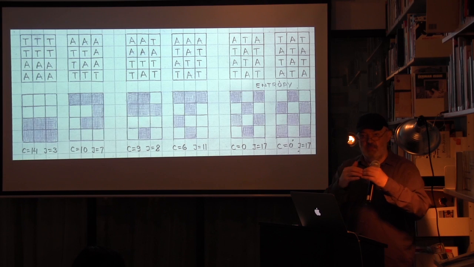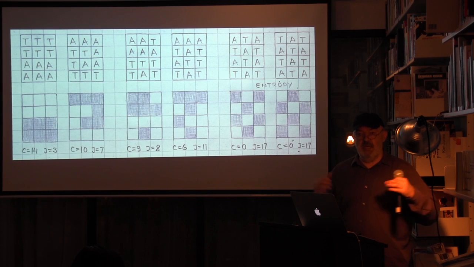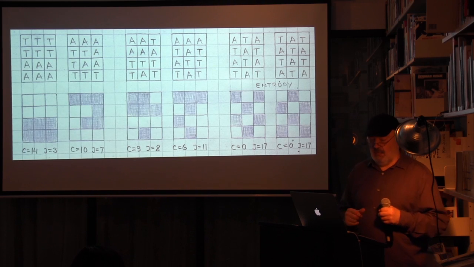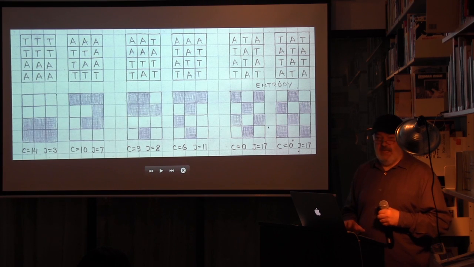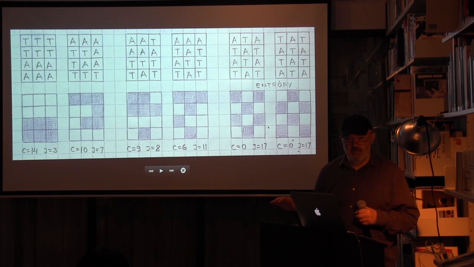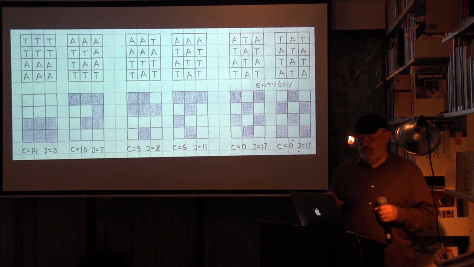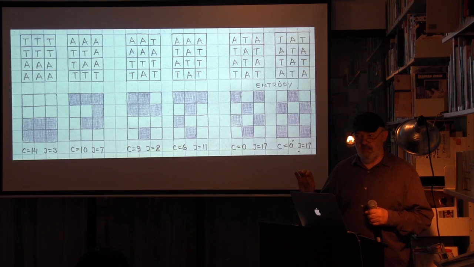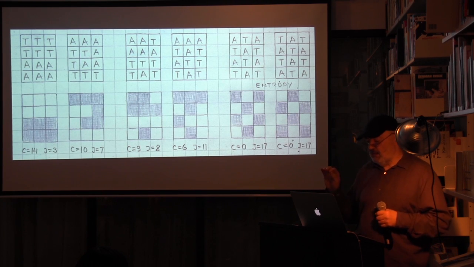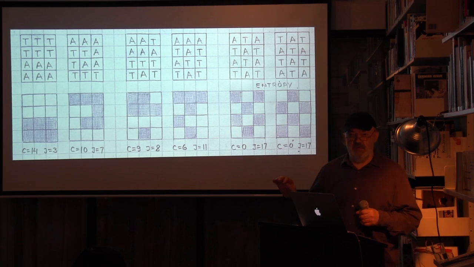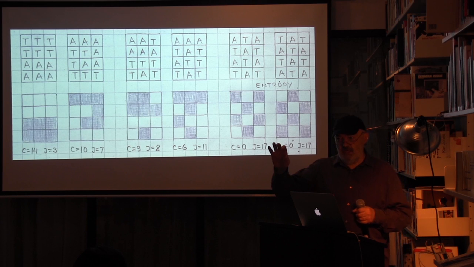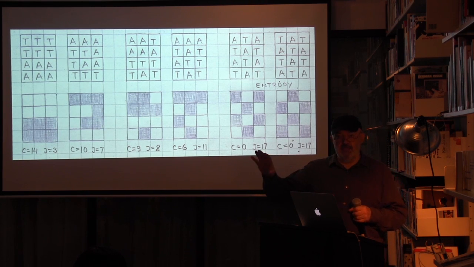And then finally we have the state of entropy, in which C is 0, no connections, and the number of junctions is maximum. So this is how these spatial neighborhoods can be used to determine notions like entropy.